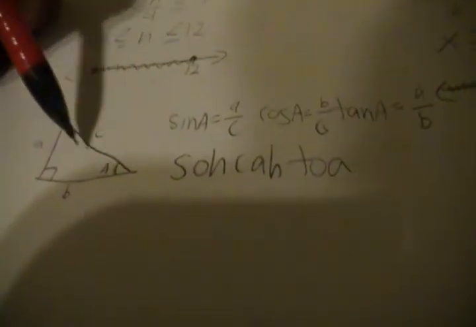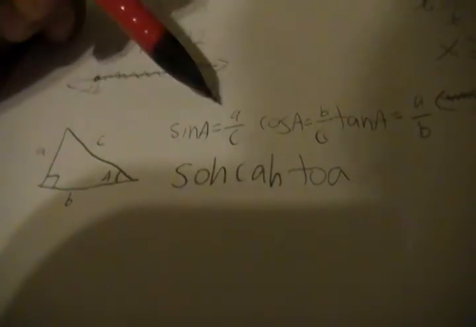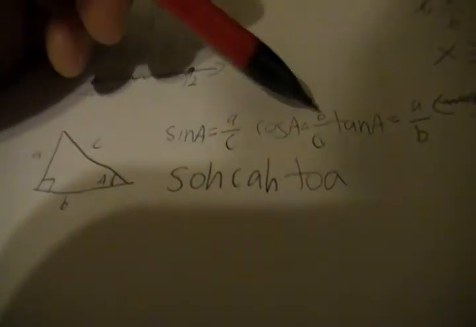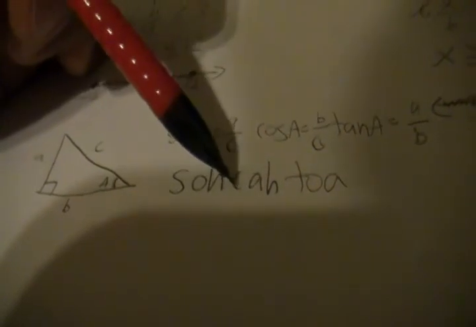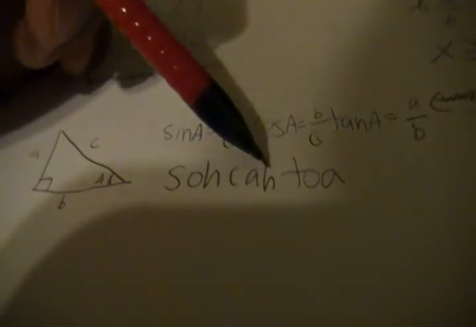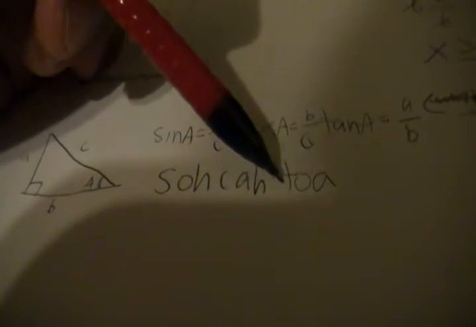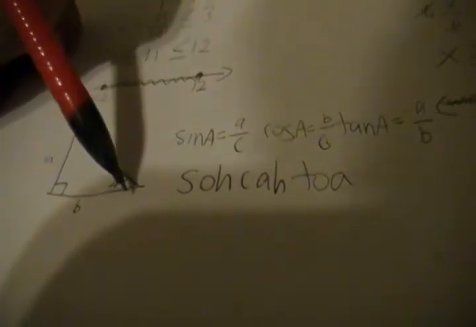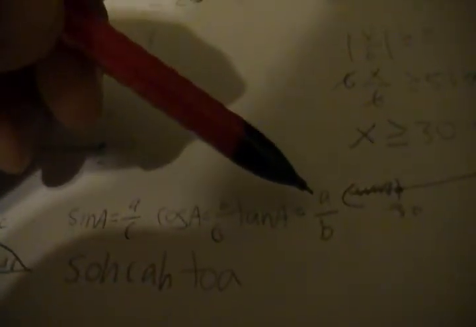So opposite, which is a over c, that's where we got it. Cosine is going to be adjacent over hypotenuse, so it's going to be this side b over c. And TOA, which is tangent, which is going to be opposite over adjacent. And in this case, opposite is lowercase a over adjacent, which is b. So we get a over b. So this is a good way of remembering the trig functions, okay?